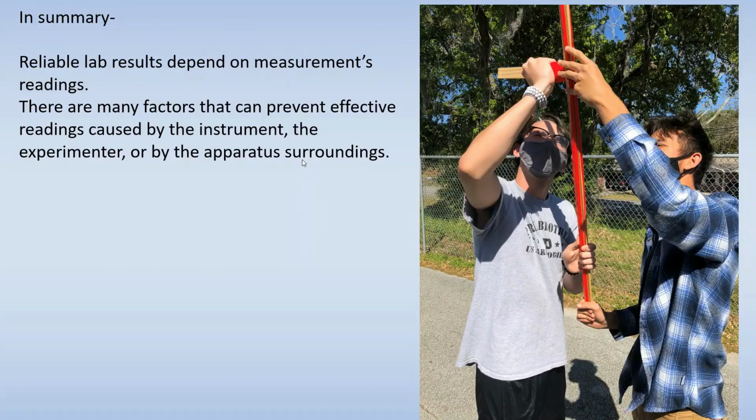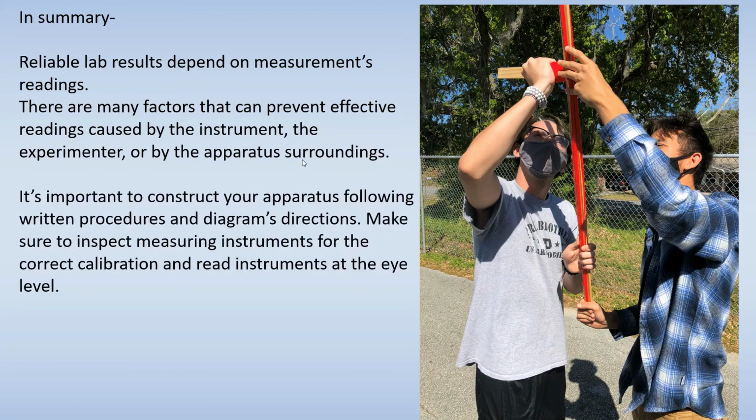In summary, reliable lab results depend on measurement readings. There are many factors that can prevent effective readings, caused by the instrument, the experimenter, or the apparatus surroundings. It's important to construct your apparatus following written procedures and diagram directions.